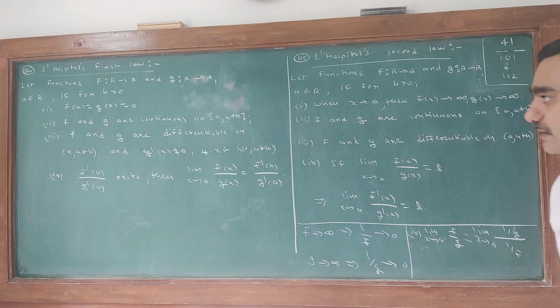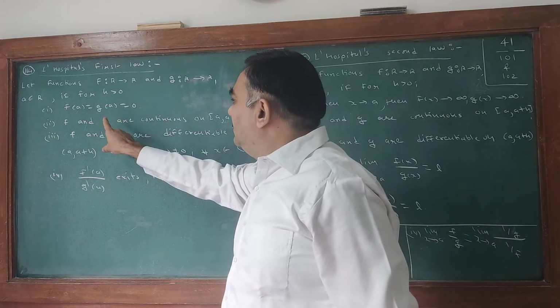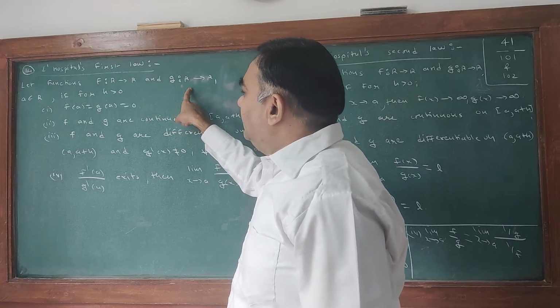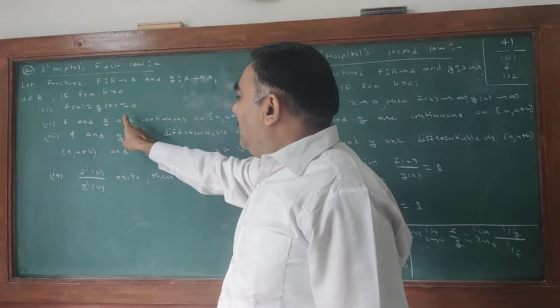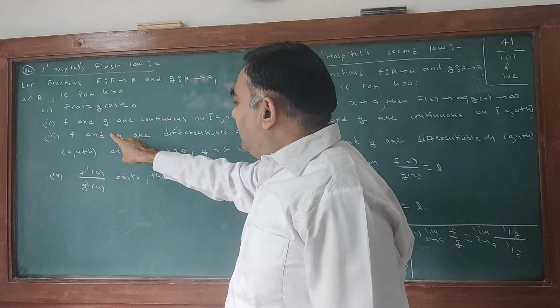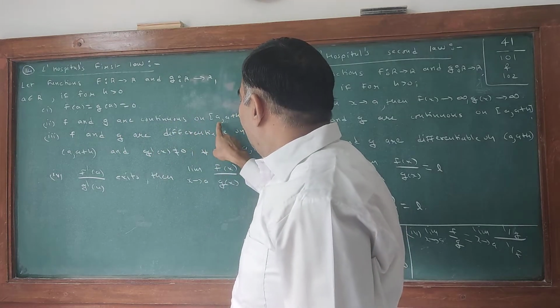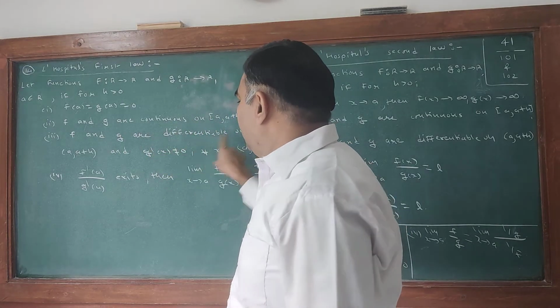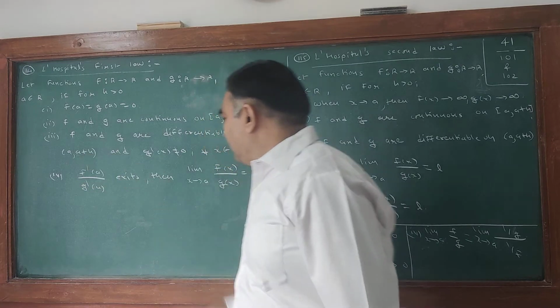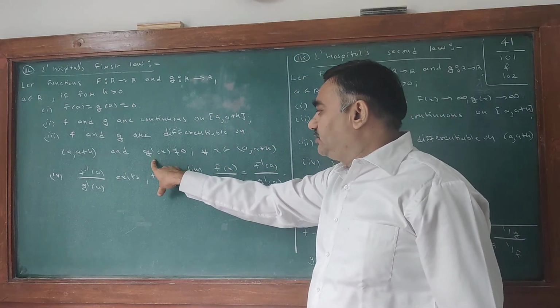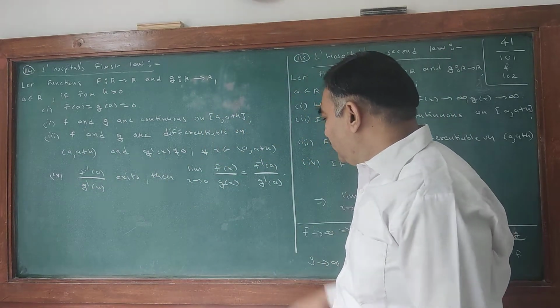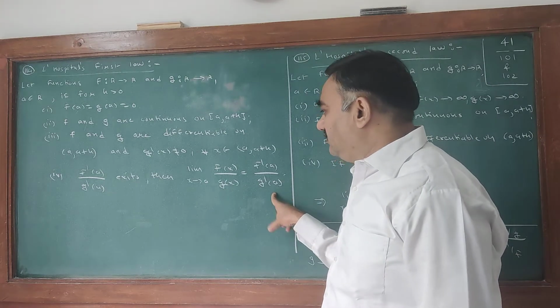As I said earlier, both of these f and g are real functions. f(a) = g(a) = 0, and f and g are continuous on [a, a+h]. Both are differentiable on the open interval (a, a+h), and g'(x) is not equal to 0, as we put it in the denominator.